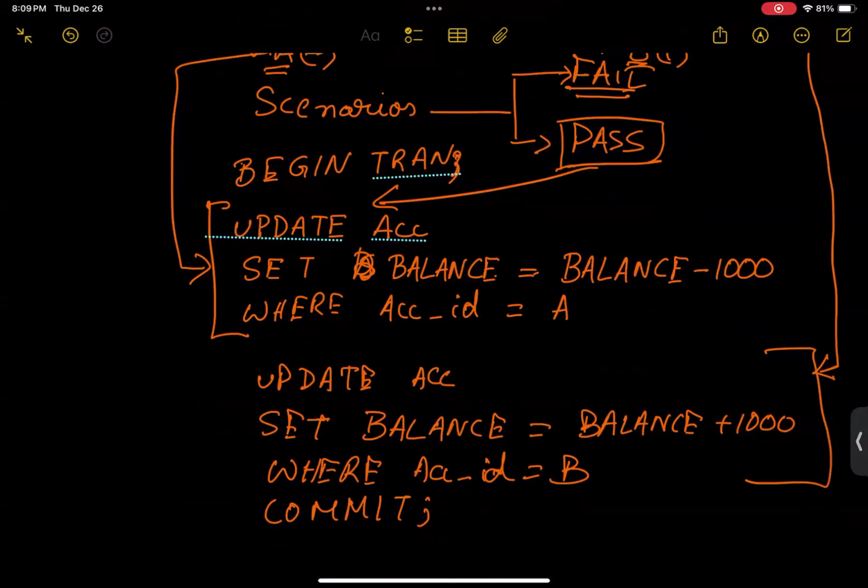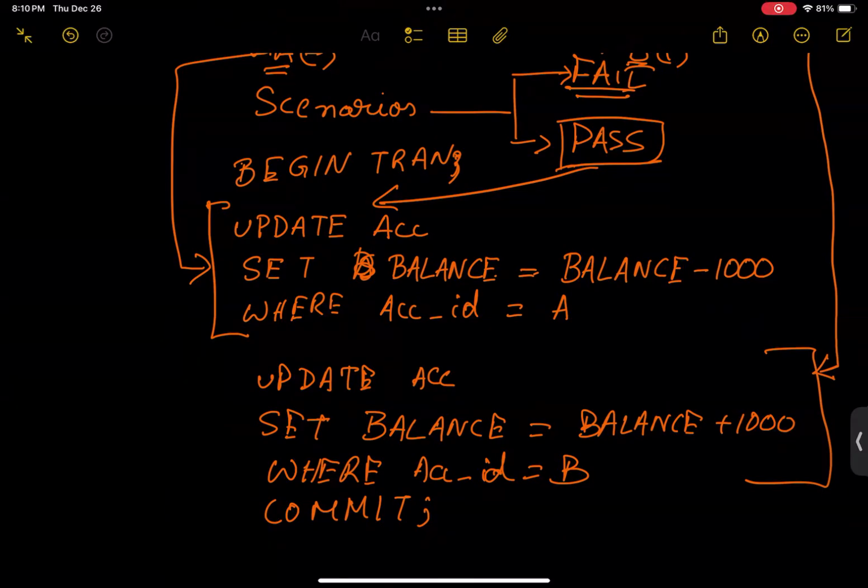But since the two queries were different, they were treated as two separate statements. Now, if you include them within a transactional block, like begin tran and commit, end tran, that is where atomicity kicks in.